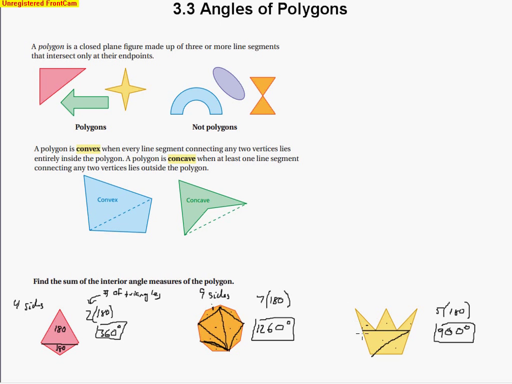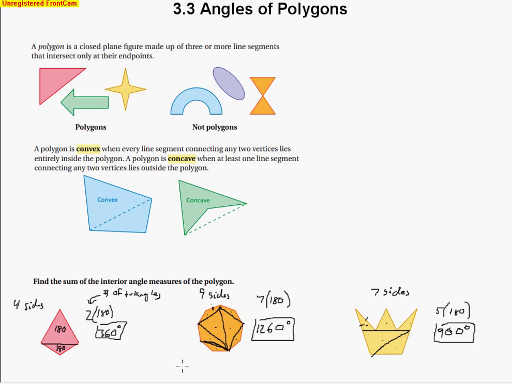This one has 1, 2, 3, 4, 5, 6, 7 sides, and with a 7-sided figure, we ended up getting 5 triangles inside. So we want to look for a pattern. What I see is every single time, the number of triangles is 2 less than the number of sides. 4 minus 2 gives me 2. 9 minus 2 gives me 7. 7 minus 2 gives me 5.